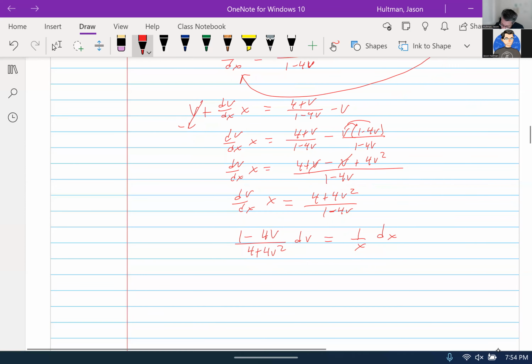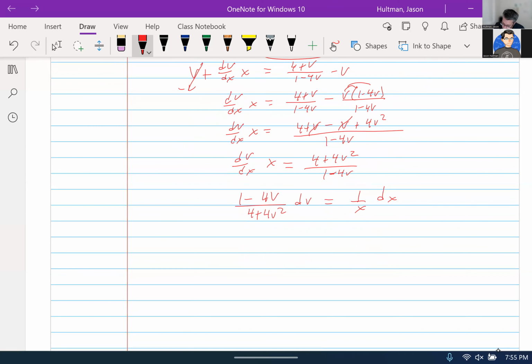So I'm going to split this. I'm going to try to integrate now, but I'm actually going to split the left side into two different integrals. I'm going to factor out that 4: 1 over 4 times 1 plus v squared, minus 4v over 4 times 1 plus v squared. So those 4's are going to cancel.